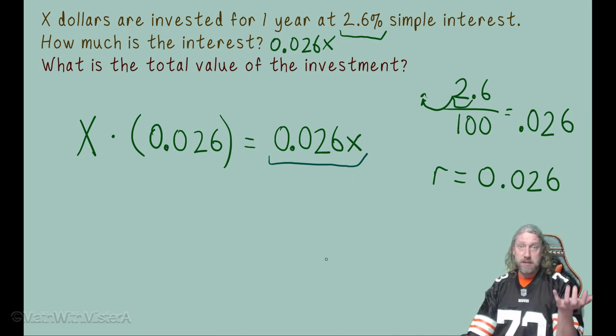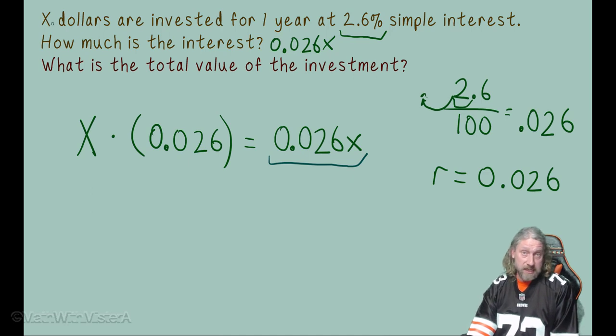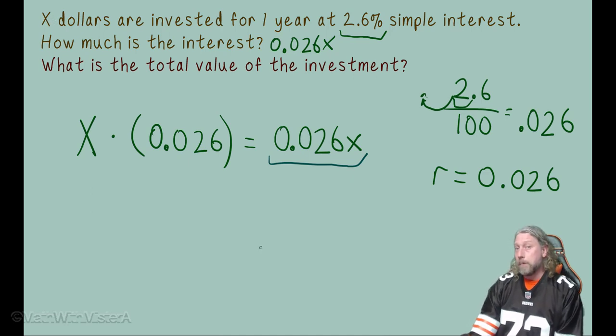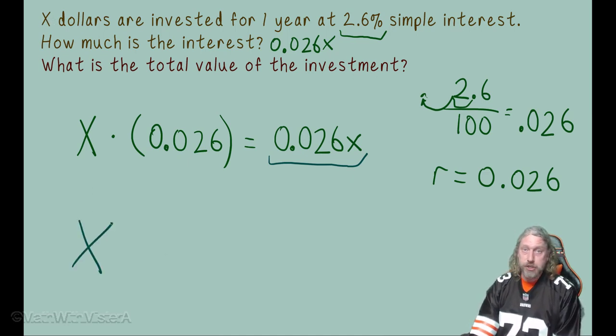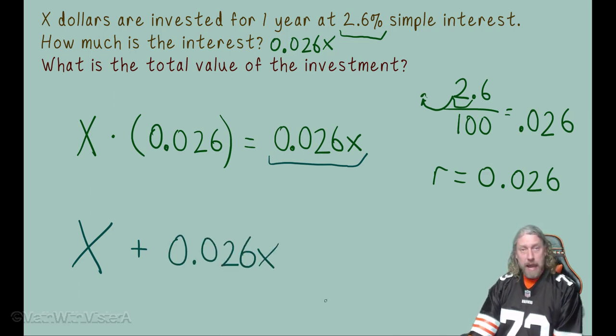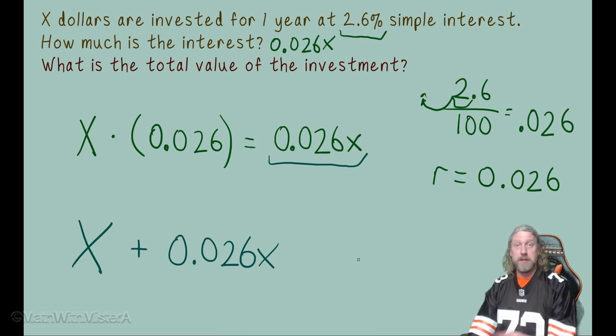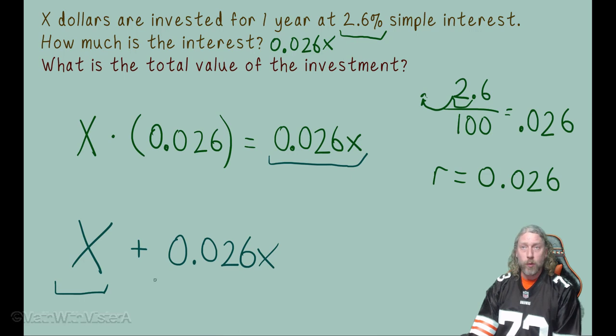And that was, in this case, x. It's still unknown. But we would say take that original investment, the principal x, add to that our interest, which is this expression, 0.026x.